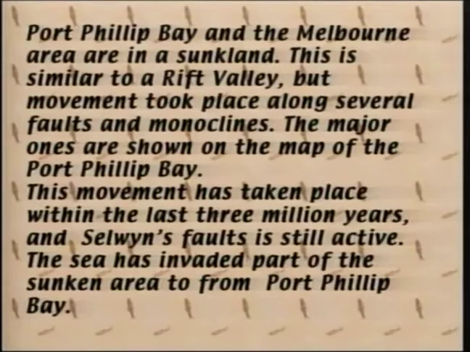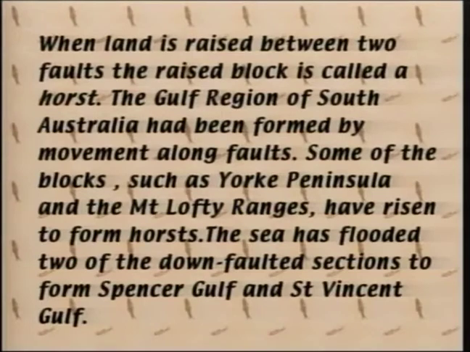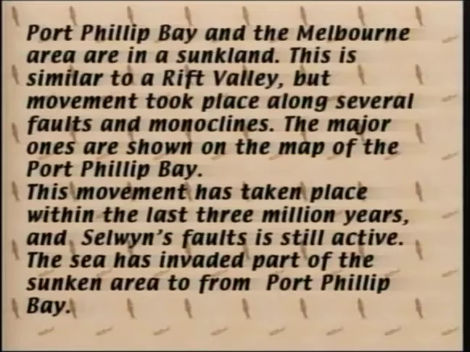We continue. The movements which have taken place along that area have taken place within the last 3 million years, and Selwyn's Fault, which is number 3 according to our diagram here, it says that that particular fault is still active.